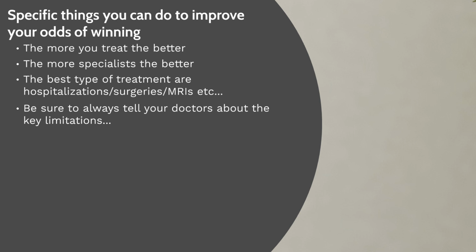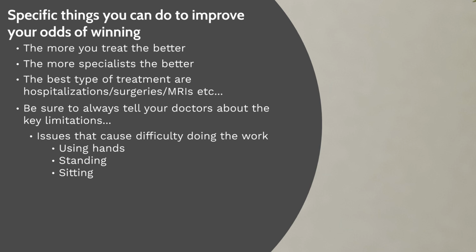So again, the way you figure out the key limitations is you go back to that question: why do you think you cannot work? What would happen to you at work? And whatever those specific things that would happen, those are the things that you want to be telling the doctors about. Okay? And some issues are things that cause you difficulty to do the work.